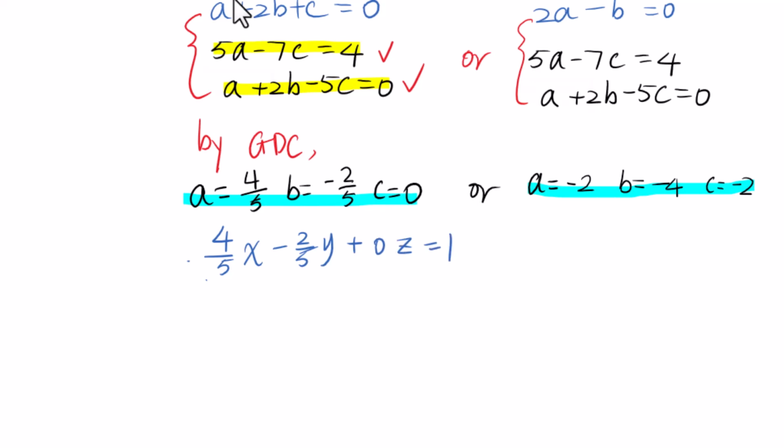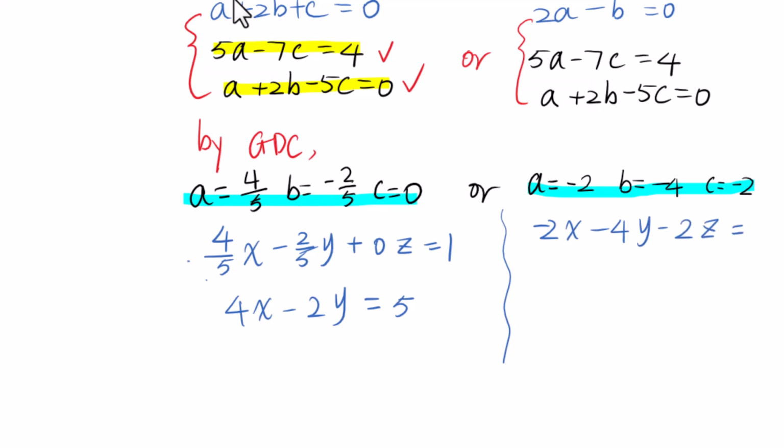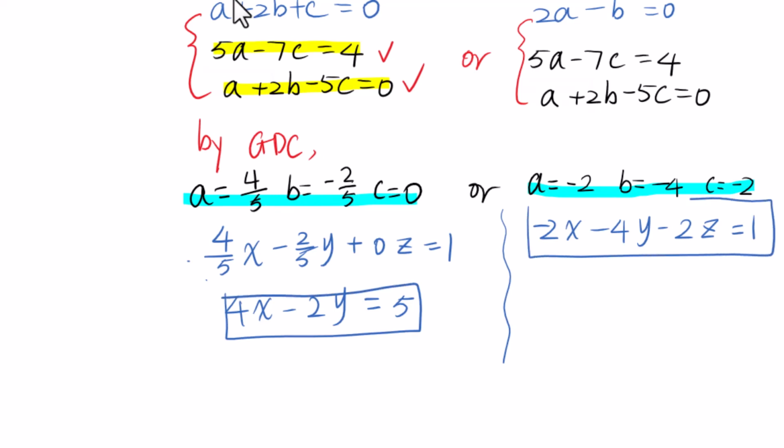Multiply both sides by 5: 4x minus 2y equals 5. For the second equation, negative 2x minus 4y minus 2z equals 1. In this way, we got two possible Cartesian equations for pi 3.